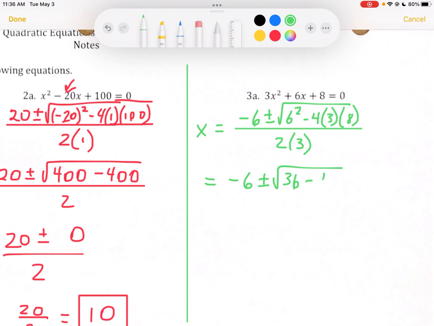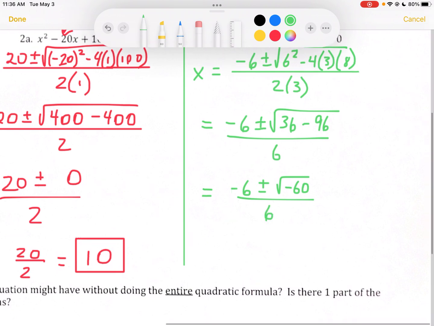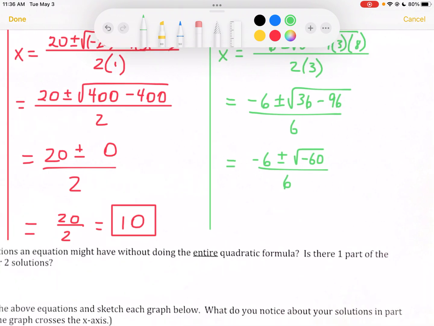And it's minus 96, over 6. So the problem we're going to run into is that 36 minus 96 gives you negative 60, and you can't take the square root of negative 60. You can't take the square root of negative anything. So what we end up with is no real solution.